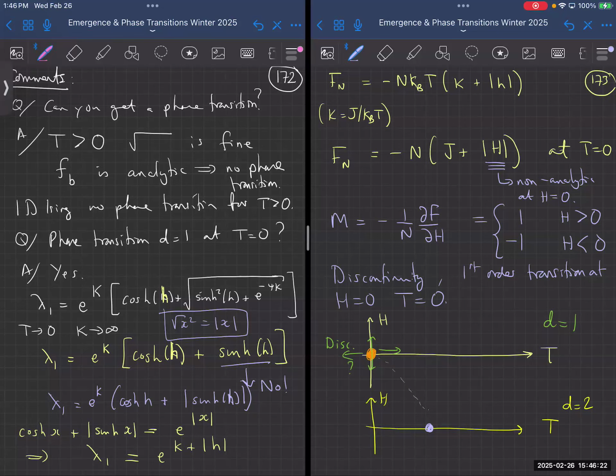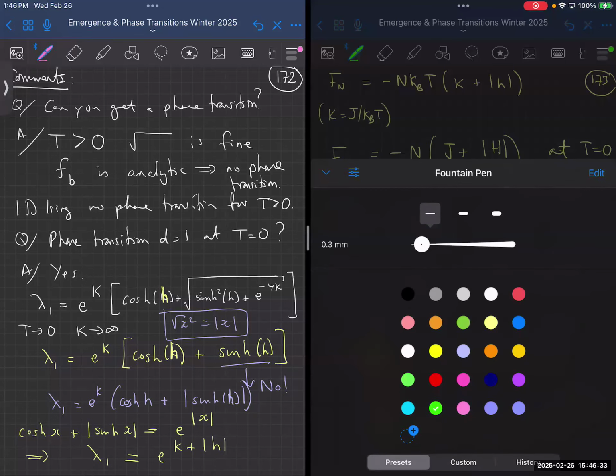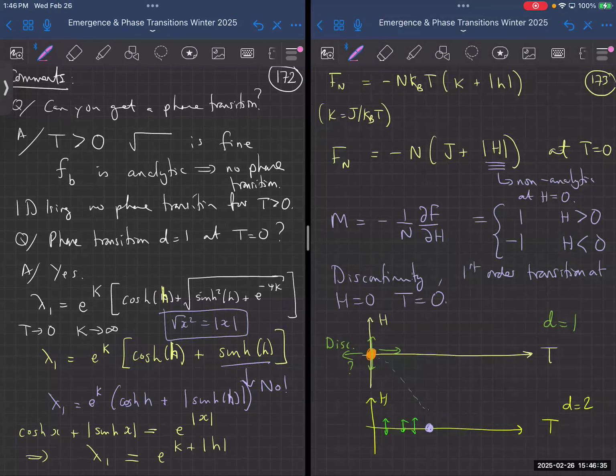Again, we still have this discontinuity through here, but now I can also go below the critical temperature, and that is the second order transition.